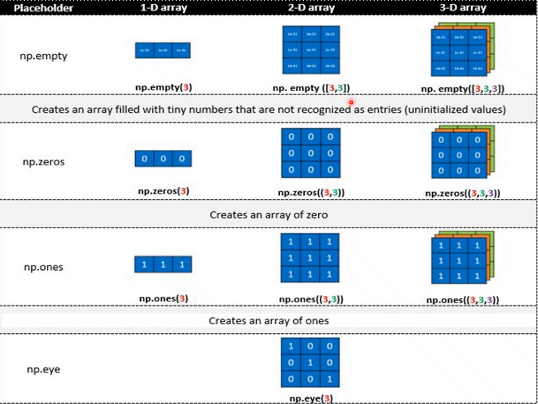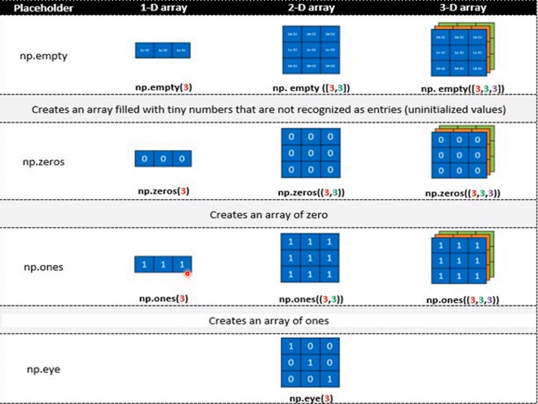Similarly, for a two-dimensional array with 3 rows and 3 columns, you can give it like this. And for a three-dimensional array, with 3 rows, 3 columns, 3 frames, all these are given like this, and all the values are empty here.